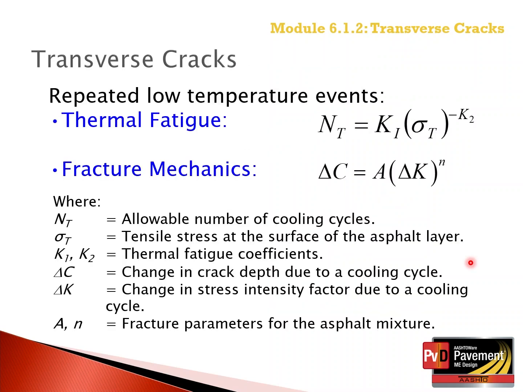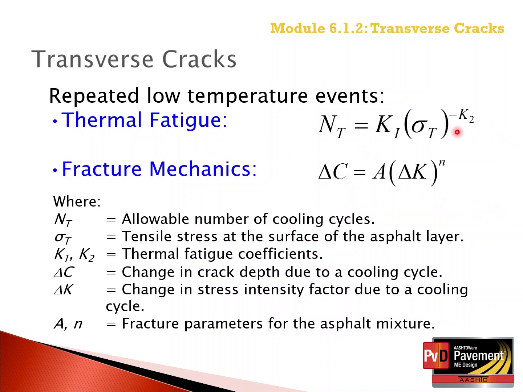Thermal or transverse cracks develop at the surface and propagate downward through the asphalt wearing surface and other asphalt layers with continued temperature cycles and colder temperature events. This crack initiation and propagation is predicted by two techniques: thermal fatigue and fracture mechanics.